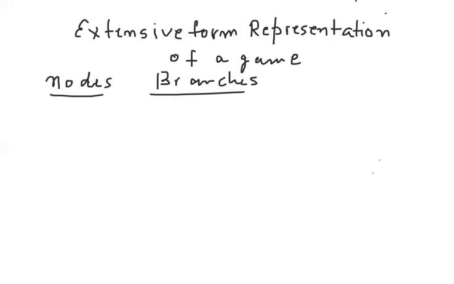Nodes are dark circles and branches are arrows that emanate from the nodes. Nodes are where things happen. So players are assigned nodes where they take actions.